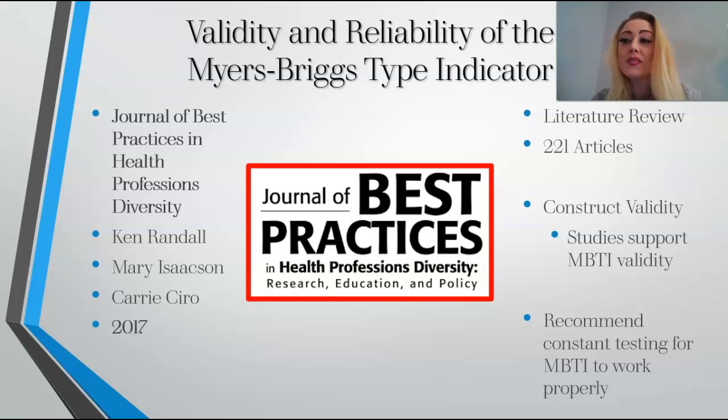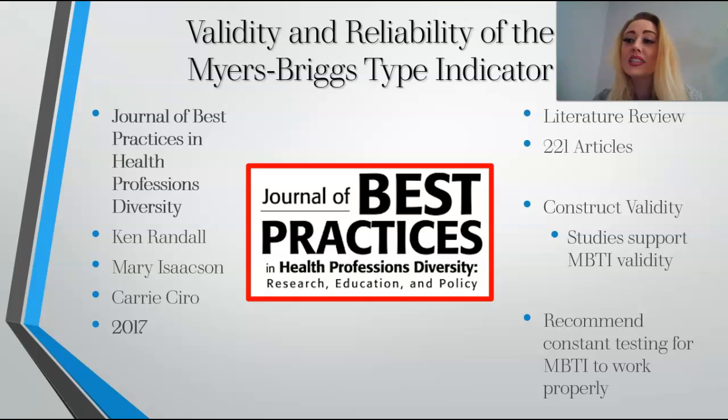This comprehensive literature review thoroughly examined 221 articles and 7 specific studies containing MBTI construct validity. The majority of the studies examined were conducted on college-age students in various programs of study.